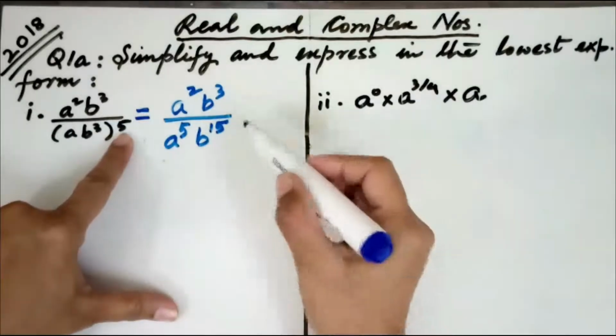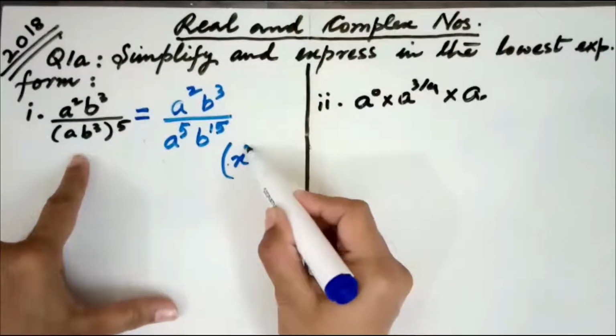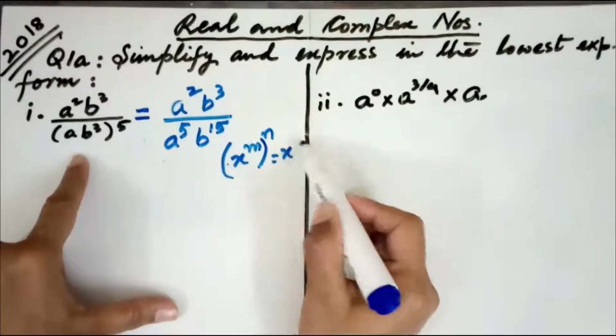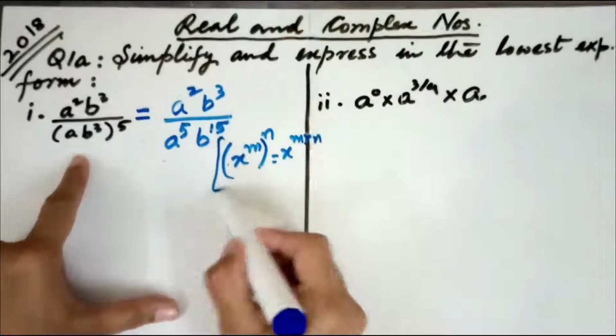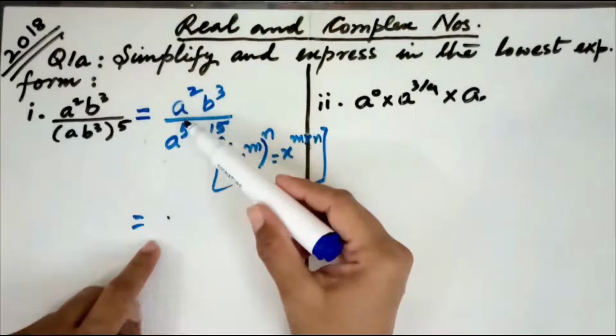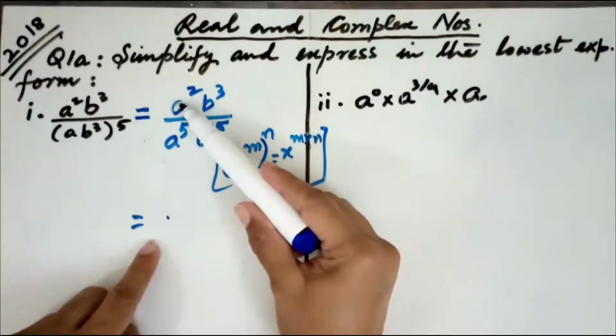Now if we see which law is being used, that is x raised to the power m raised to the power n is equal to x raised to the power m into n. Got it? Here we have used law of power. Now we will use here law of quotient with same bases.